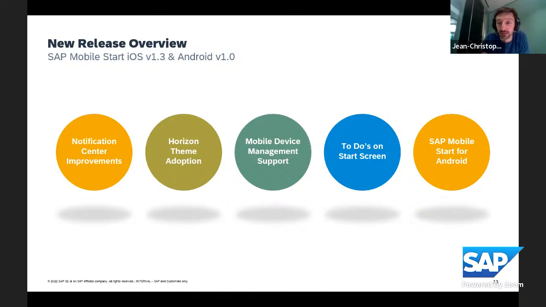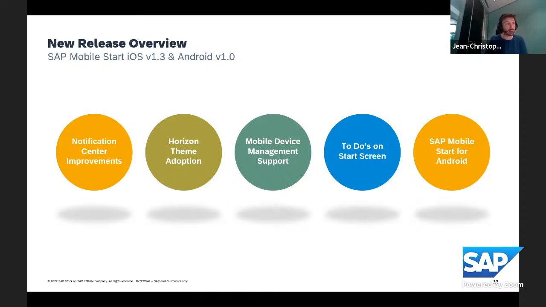So we are very delighted to have this. In this section, I will provide you with a short overview of what's new during this release, and I will as well show you some screenshots and how it looks with the latest version.